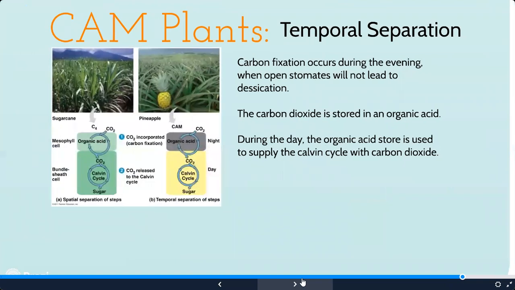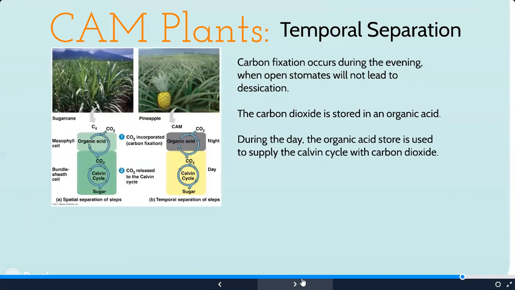Okay. Now, CAM plants are different. CAM. I forgot what that stands for now. Crassulacean acid something. But these plants actually separate the cycle from the oxygen through time.